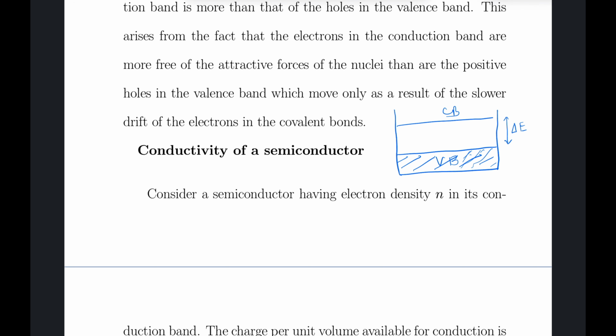So there is very little vacancy for the hole movement in the valence band. Therefore, holes in the valence band cannot move as fast as the electrons move in the conduction band. And therefore, the mobility of electrons is more than that of the holes.